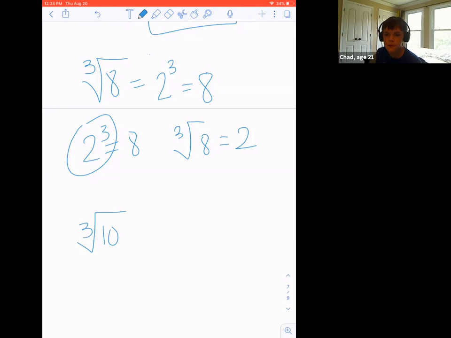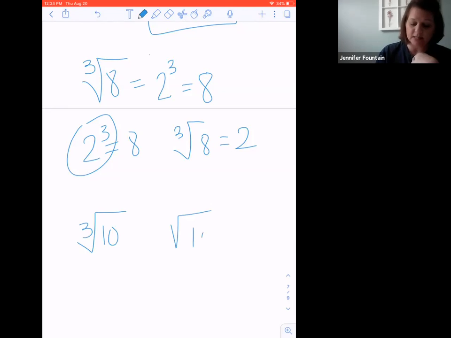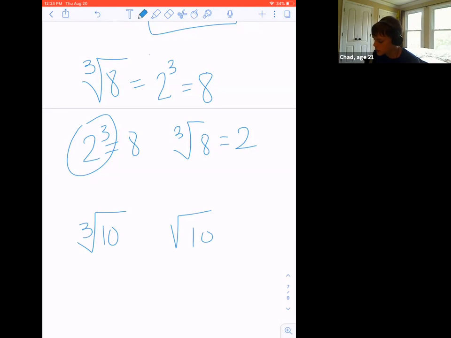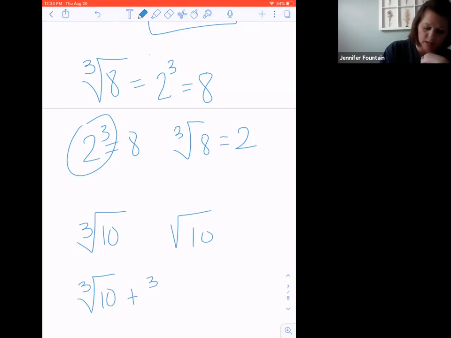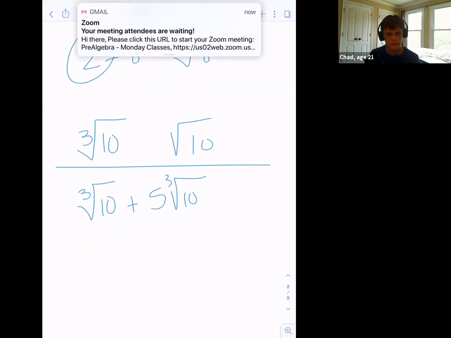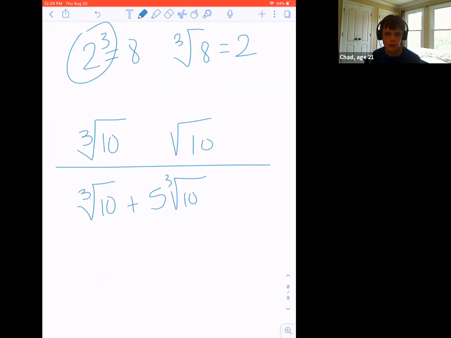That's the cube root of 10. This is the square root of 10. So the cube root of 10 plus 5 times the cube root of 10. Do you talk about that? Yes, ma'am. How do I figure out one of those problems?